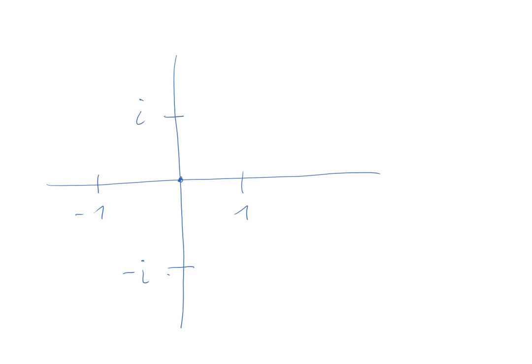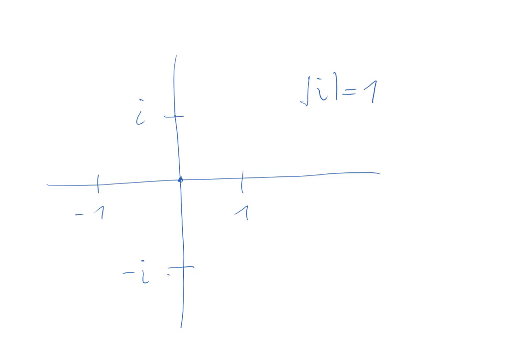So let's look at some examples. The number 1 is always represented as 1. It's never represented in polar coordinates. But for i, the complex number i, we have r, the absolute value of i, and the absolute value of i is 1, of course.